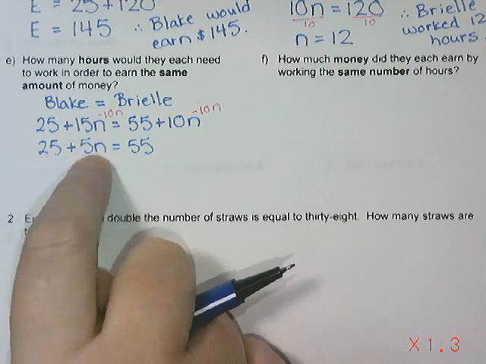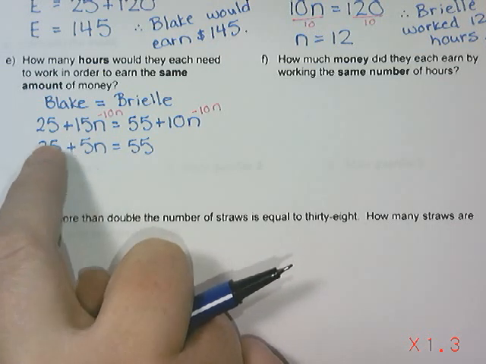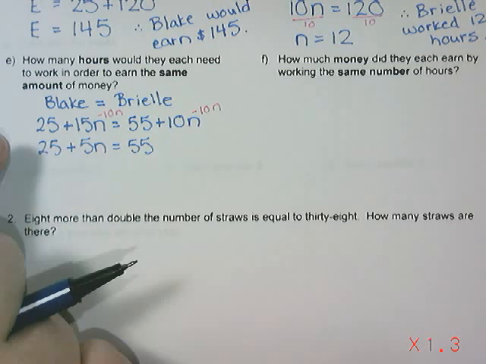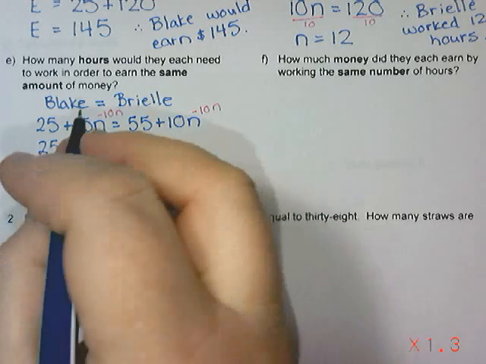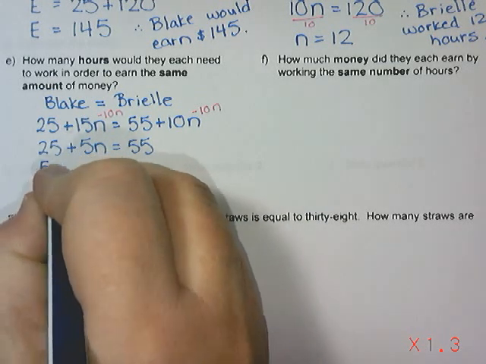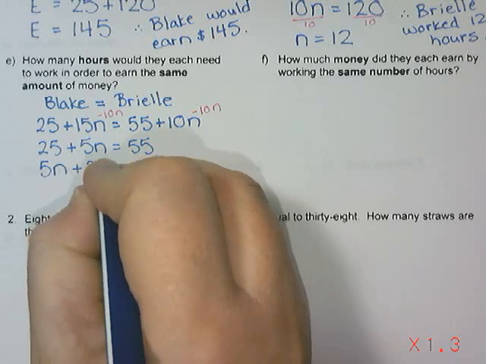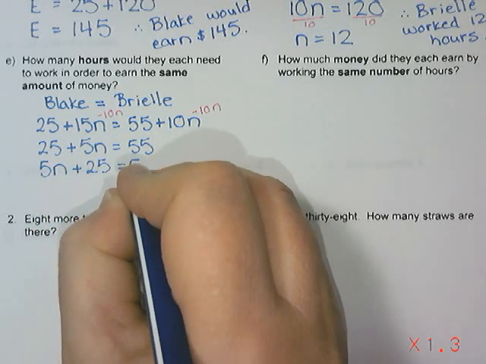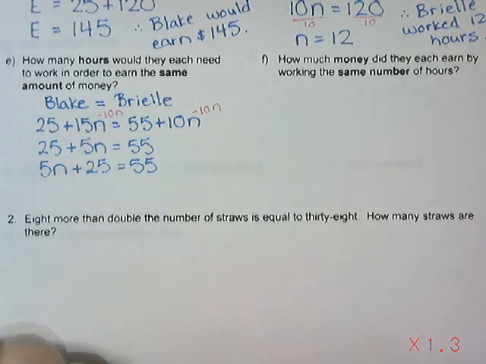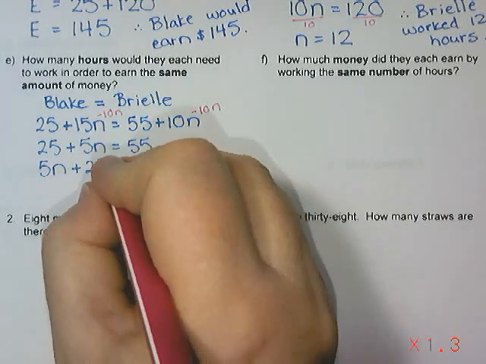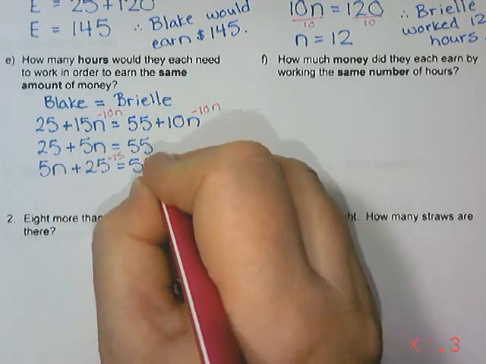If you're having trouble having the n be second, you can trade the order of these two as long as you keep their sign with them. So this would be 5n and then positive 25 equals 55. So in solving, I would subtract 25 from both sides.